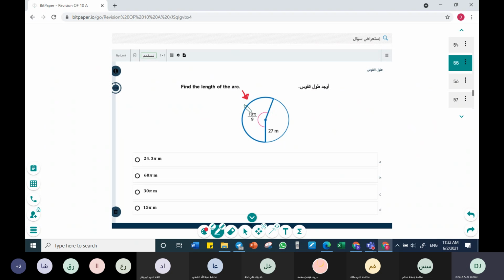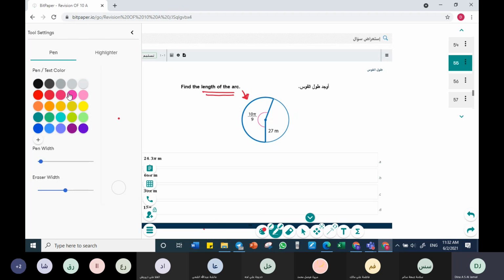So let's have a look here and revise together. How can I find the length of the arc? This semester we took it as S, which is the length of the arc, equal to R multiplied by theta.